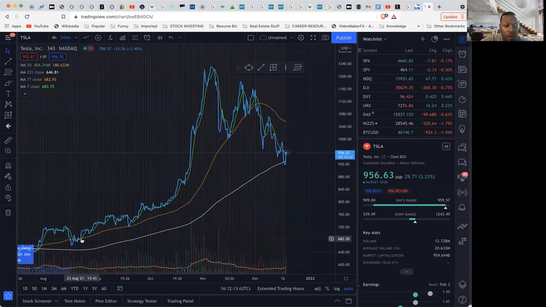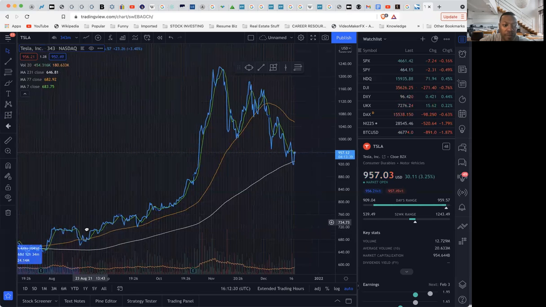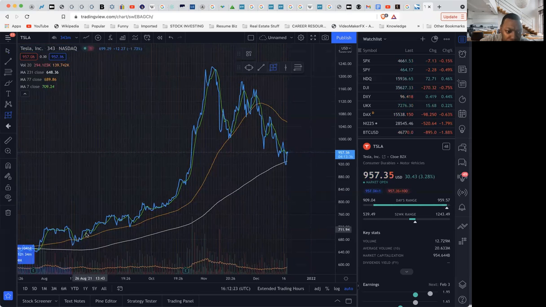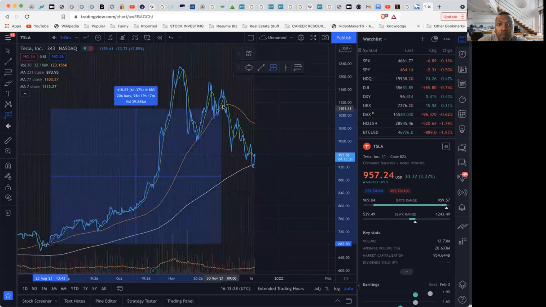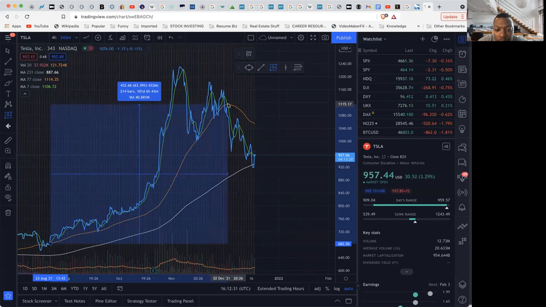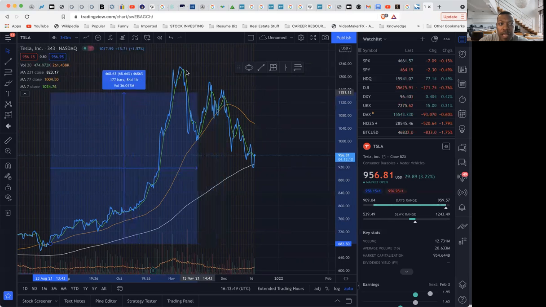right about here, August 23rd, it climbed above the gold line and it was already above the white line. If we start from there, August 23rd, from that point until really about here, December the 2nd, it went up 63% over the course of 101 days. 63% once it went above that line, including a high.